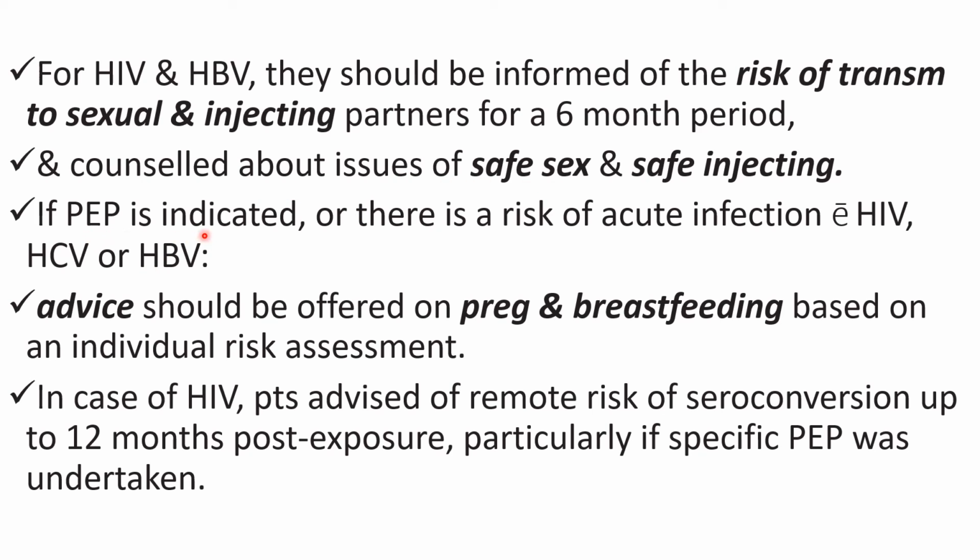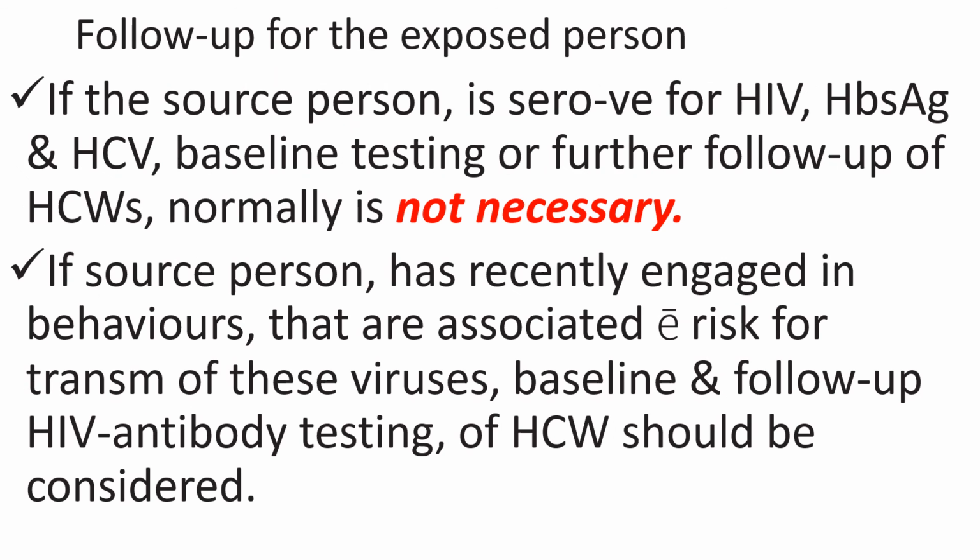If PEP is indicated or there is risk of acute infection with HIV, HCV or HBV, advice should be offered on pregnancy and breastfeeding based on individual risk assessment. In the case of HIV, patients are advised of the remote risk of seroconversion up to 12 months post-exposure, particularly if a specific PEP was undertaken.